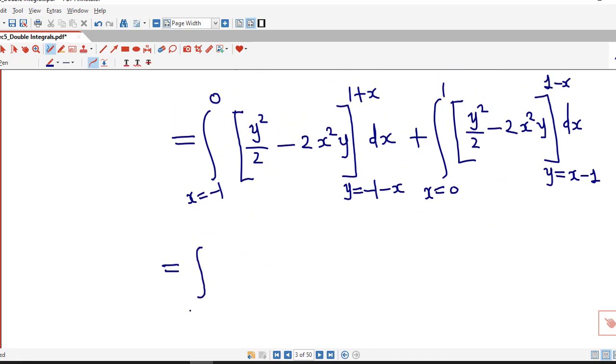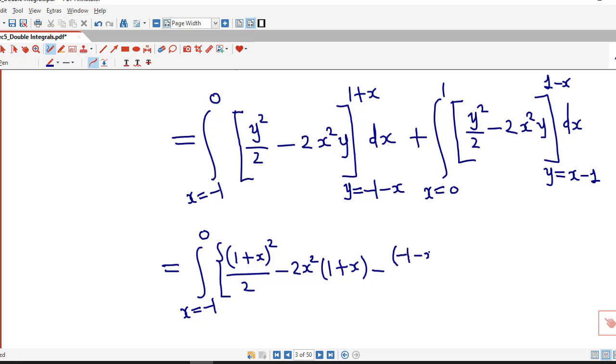So now first we put limits of y. x is from minus 1 to 0. First we put y equal to 1 plus x. So y square means 1 plus x whole square by 2 minus 2x square into 1 plus x. First we are putting y equal to 1 plus x, other things as it is, and this is for the upper limit, upper limit minus lower limit.